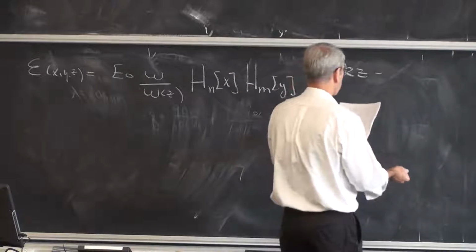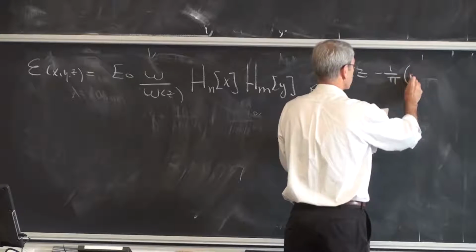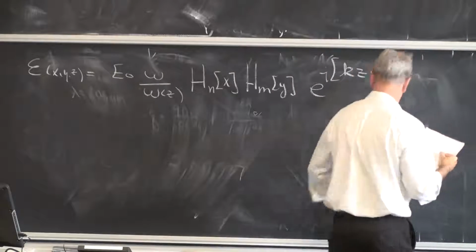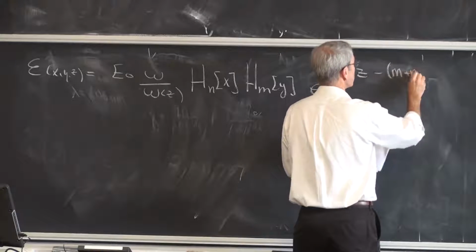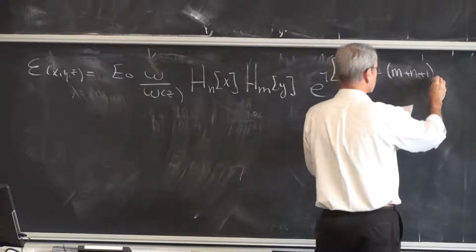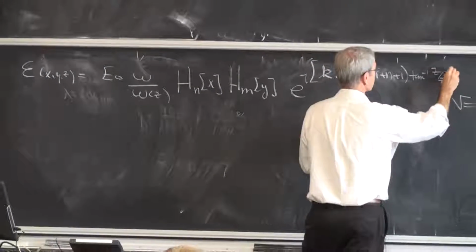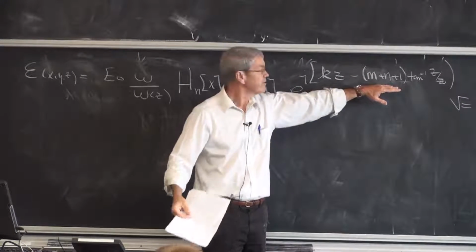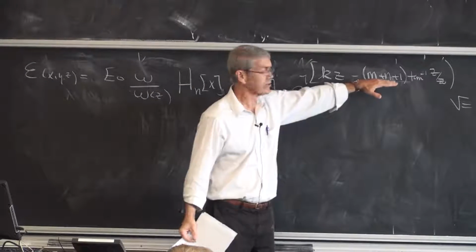It becomes minus m plus n plus 1 times tan inverse of z over z naught. So this longitudinal phase shows up again, and depending on the Hermites, you get a little bit of difference here.